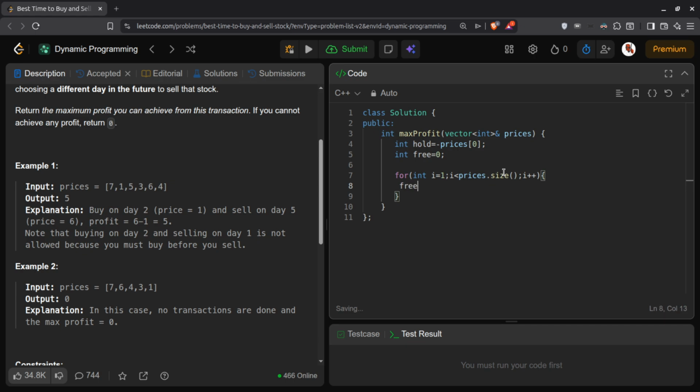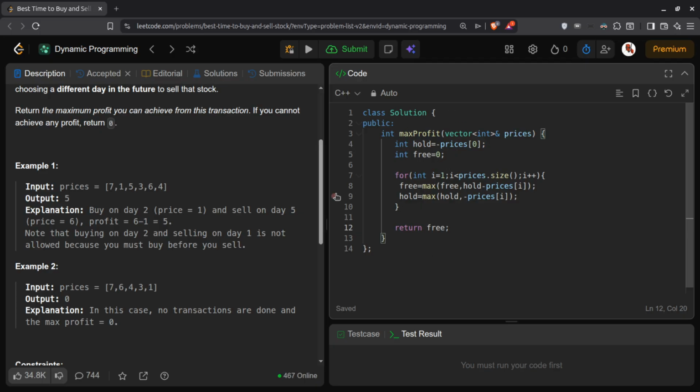Then free is equal to max of free and hold plus prices[i], then hold is equal to max of hold and minus prices[i]. Then return free.